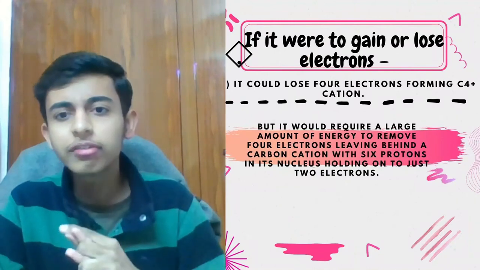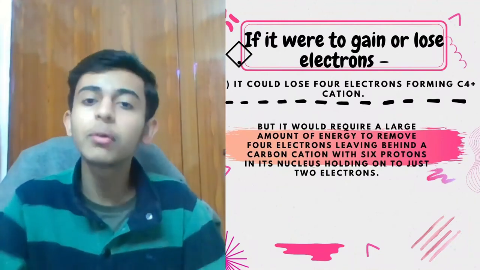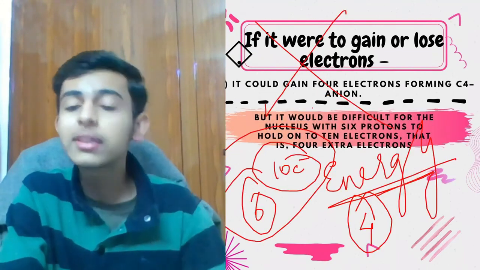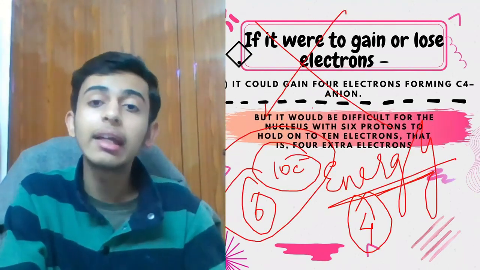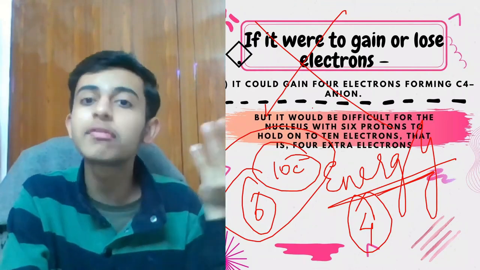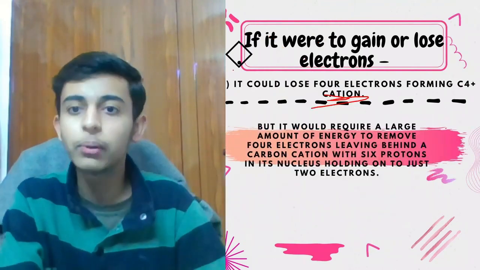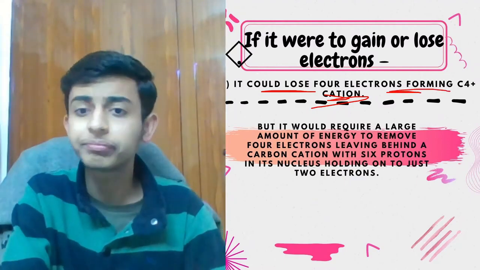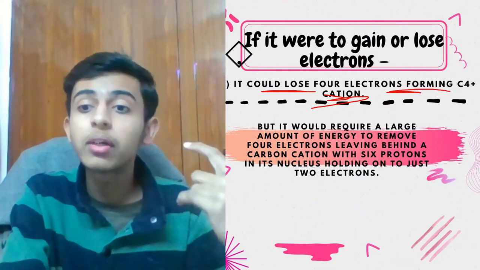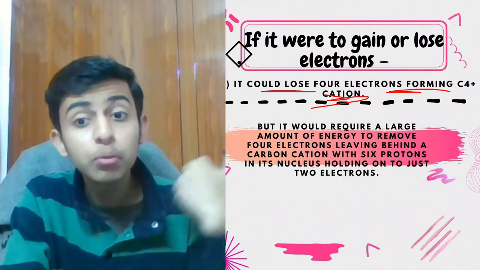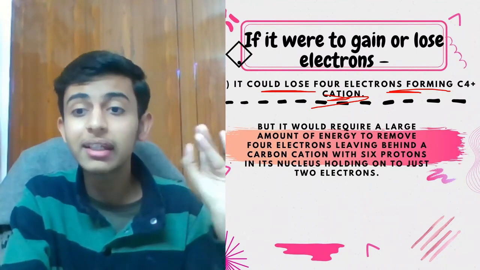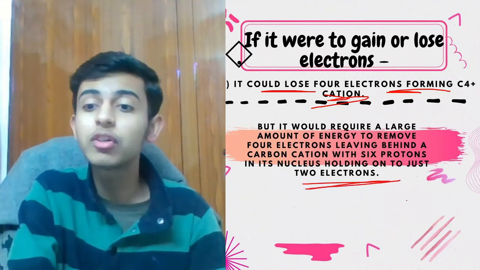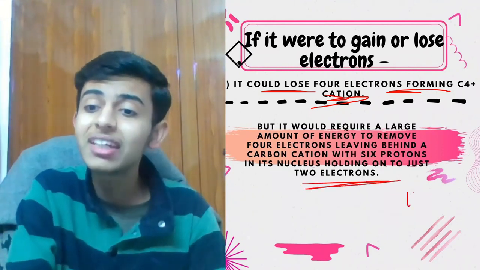Now, what if it lost the 4 electrons forming a C4 cation? Cation meaning positively charged ion. Ions are formed by gaining or losing electrons. Now again, it would require a large amount of energy to remove 4 electrons, leaving behind a carbon cation with 6 protons in its nucleus holding on to just 2 electrons, which would make the nucleus even weaker.